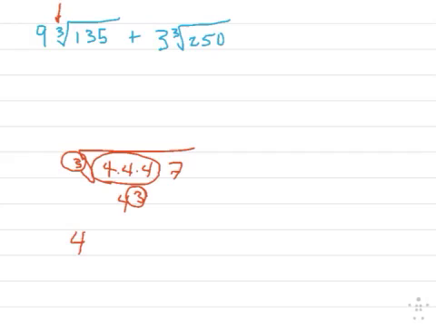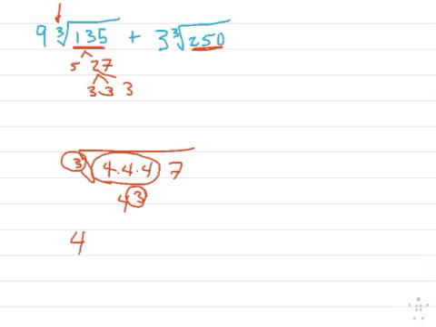So the way I like to do this problem is to take these numbers inside here and break them down into their prime factorization. So 135, you can take a 5 out, and then let's see, 20 plus 7, 27. Oh, and then look, 27 is 3 times 3 times 3.